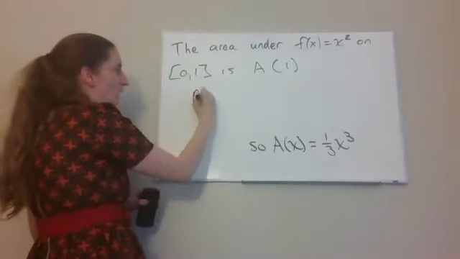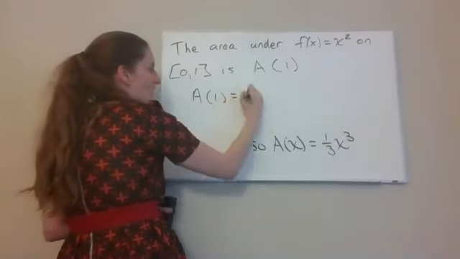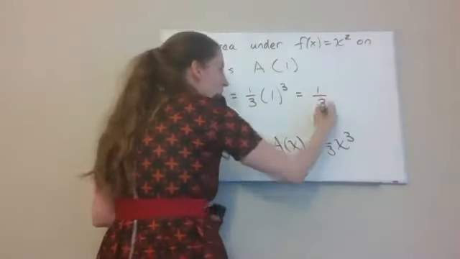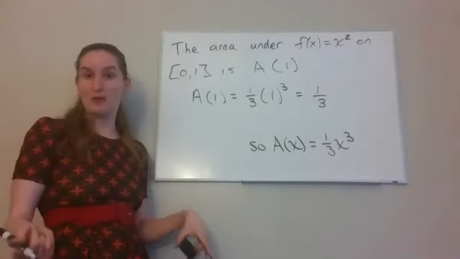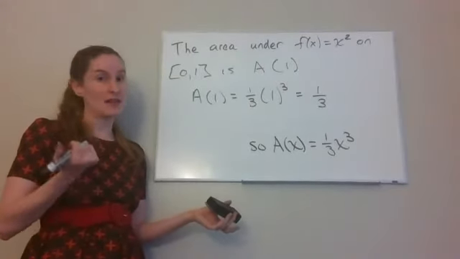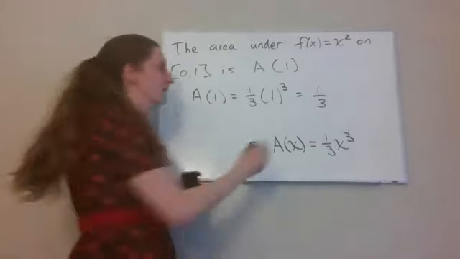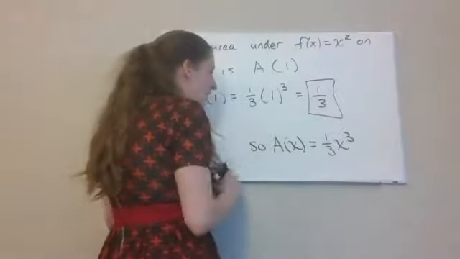So I just have to evaluate. A of 1 equals 1/3 times 1 to the third, which is 1/3, which, if you remember back earlier in the video, I said that's what the actual area is. We just didn't know how to get it yet.